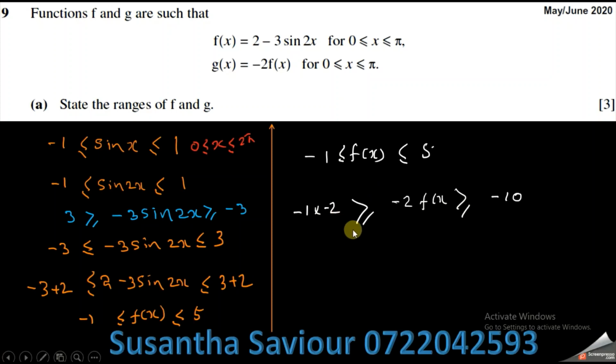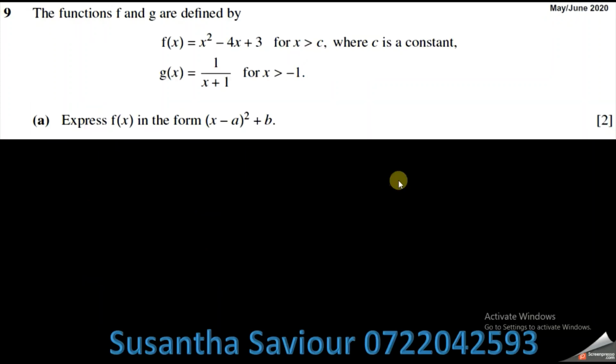This is 2, this is minus 10, this is g(x). So minus 10 less than minus 2 f(x) less than 2. What I have done here is again rewriting the same thing in a more beautiful manner. So this is g(x).